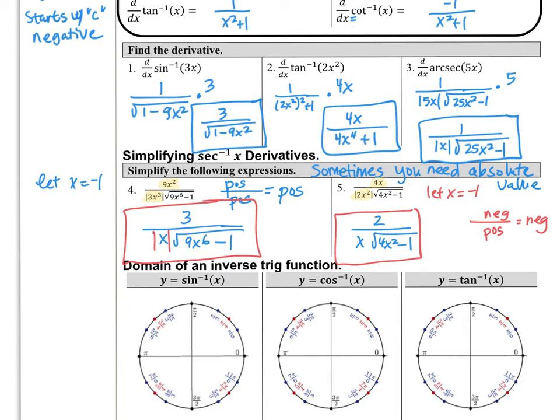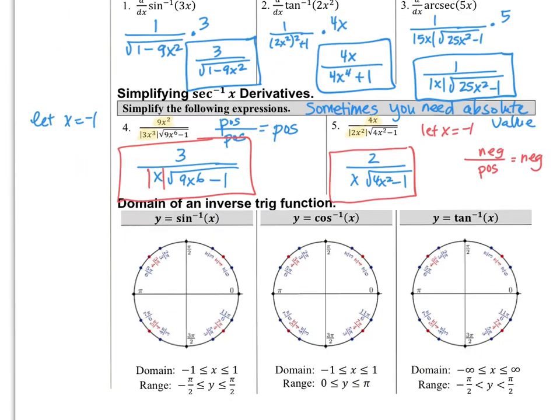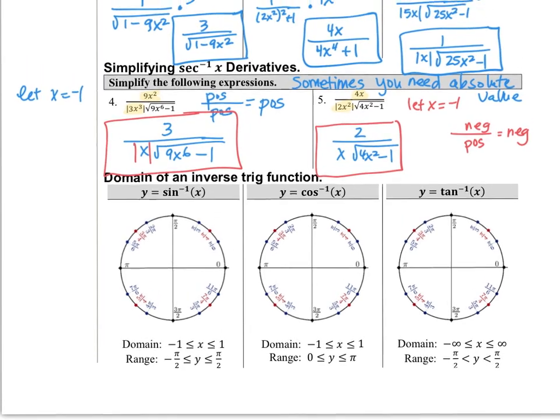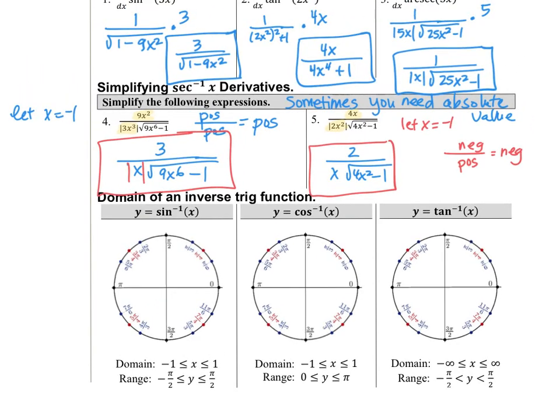Okay, so on this part, domain of an inverse trig function. If you remember back from pre-cal honors, the domain of an inverse function is, well, it's shown here. If we have the inverse of sine, remember the domain and range flip based on the regular function. Like the inverse sine's domain and range is opposite than that of the regular sine.